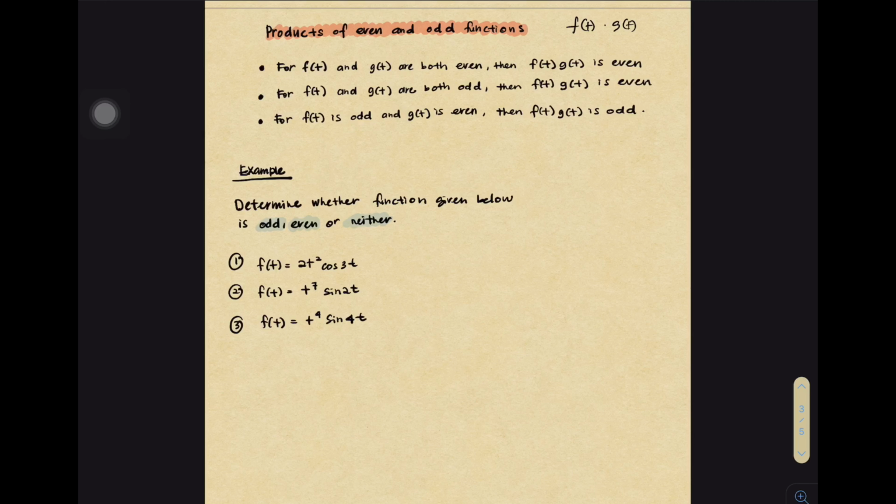If one of the functions, either f(t) or g(t), is odd, you will get an odd function.